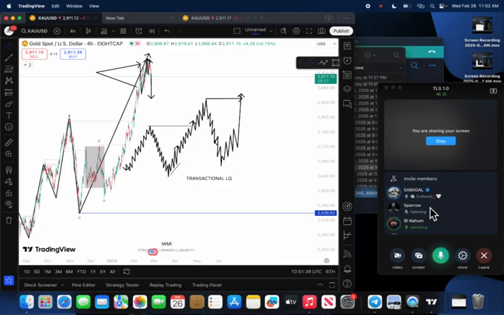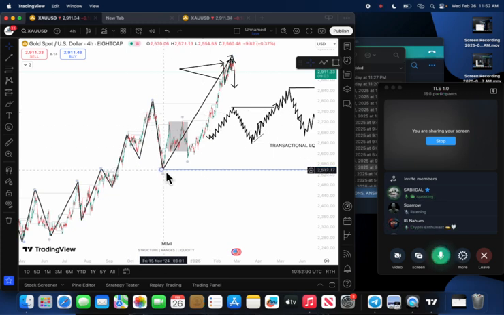Like this, the current break of structure externally. If you can zoom to that place. Externally, this is the external break of structure now.